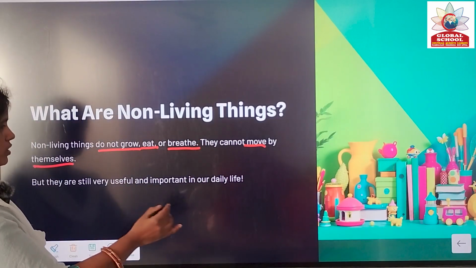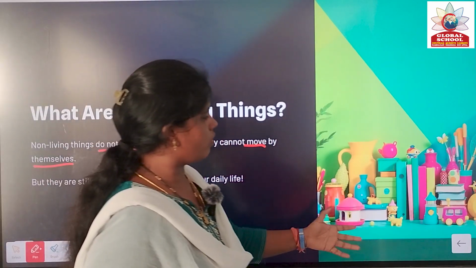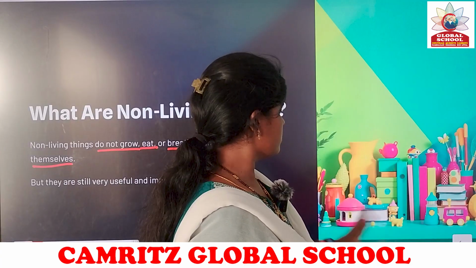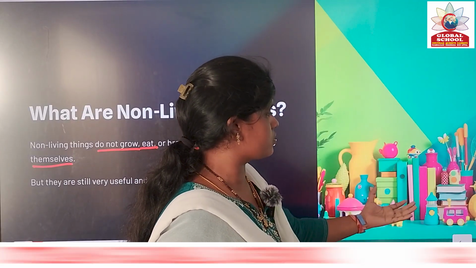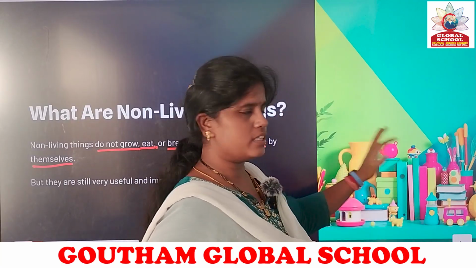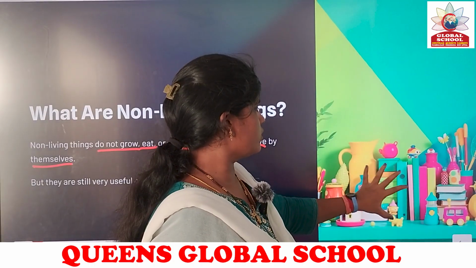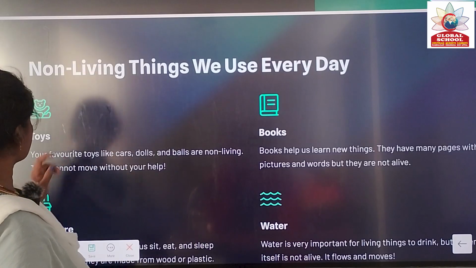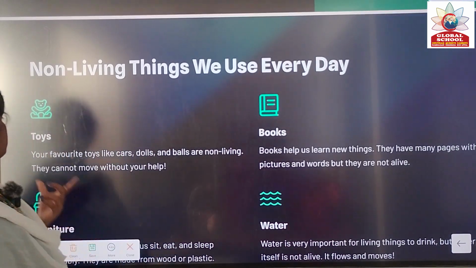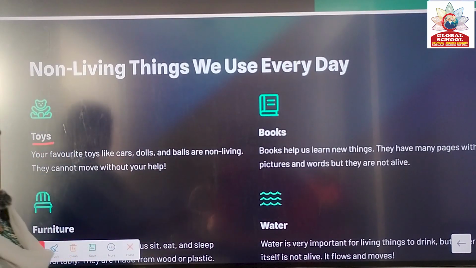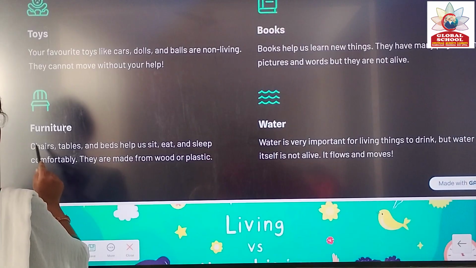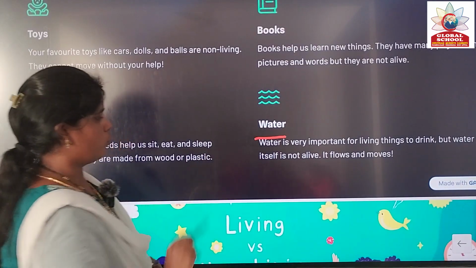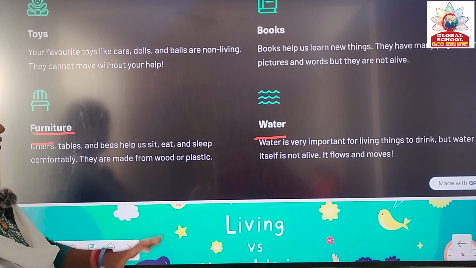In our daily life, these are all non-living things. Many toys and books are there. They cannot move themselves. A few more examples: toys, books, furniture and water. These are the non-living things.